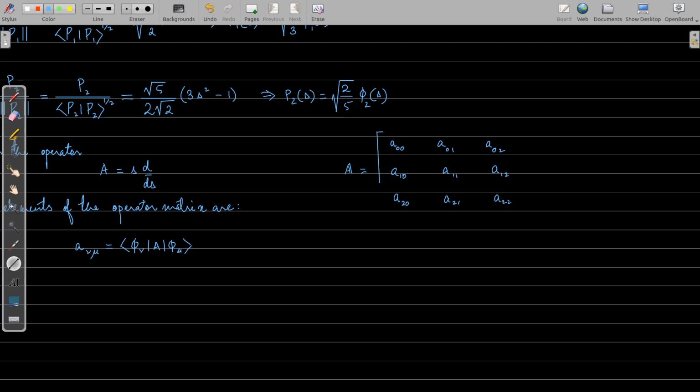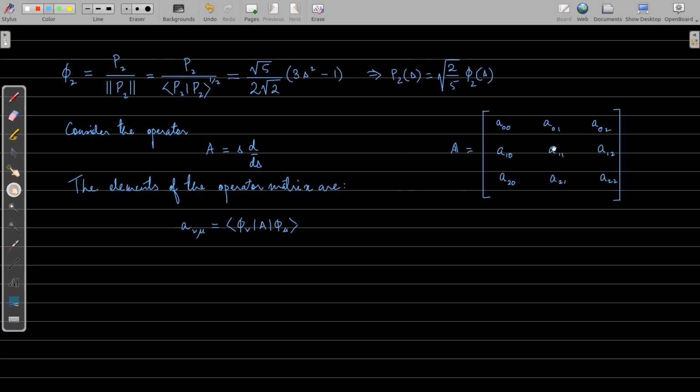Okay, so this is how the matrix A is going to look like. It's supposed to be an n cross n matrix. The dimensionality is 3 because our basis has got 3 elements, so n is equal to 3, so it must be a 3 cross 3 matrix like this.